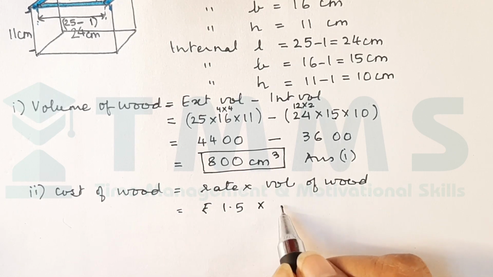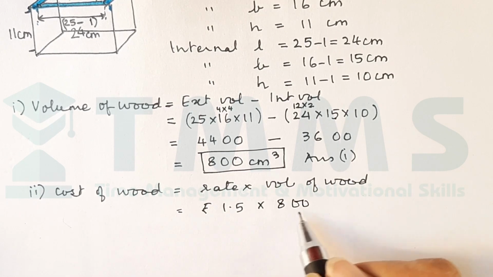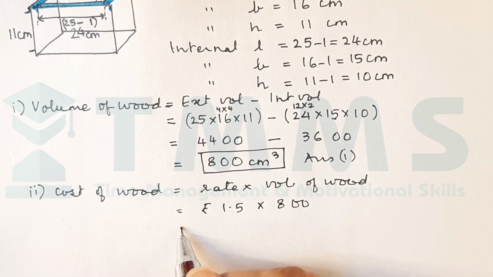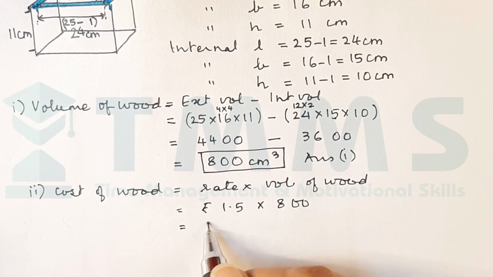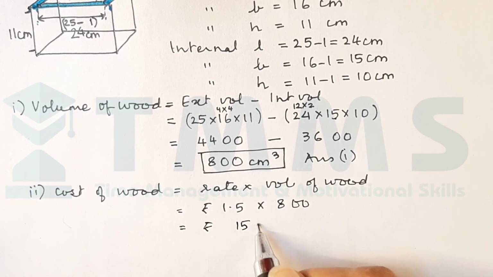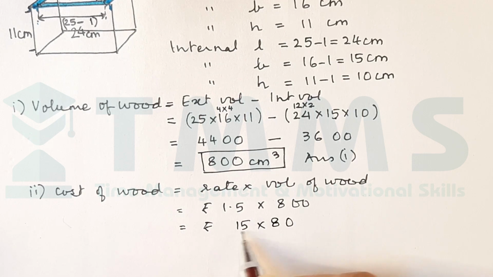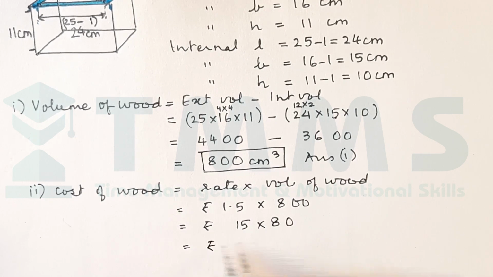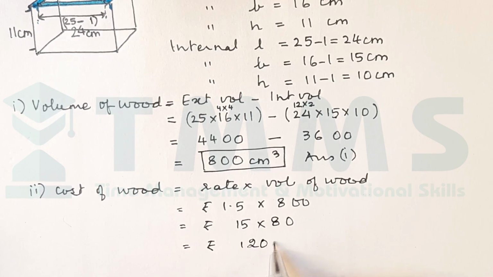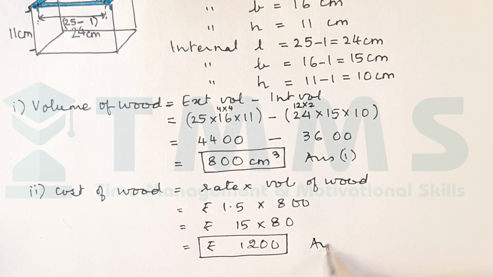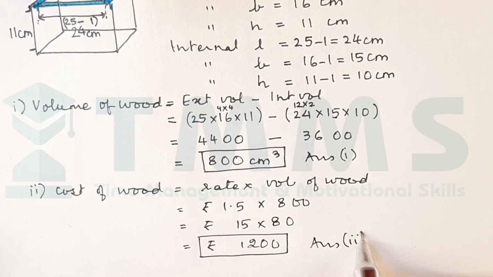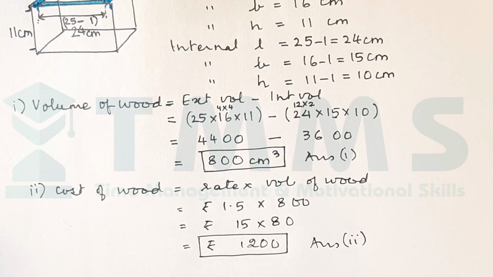Multiplied by volume of the wood, we already found it as 800. And so if you remove the decimal point, look 15 into 80 it becomes. Now this you can do in your mind, and that will be 15 8s 120, and so it becomes 1200, and that is our answer 2. Isn't it looking simpler now? Tell me. Okay, all you have to do is just follow the tips.